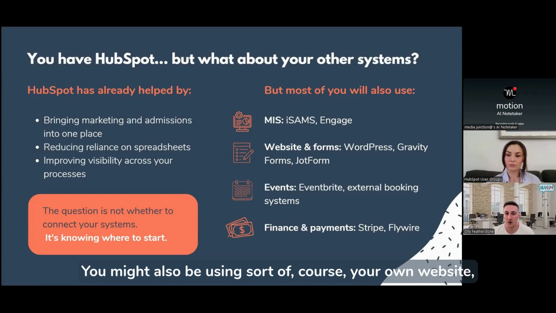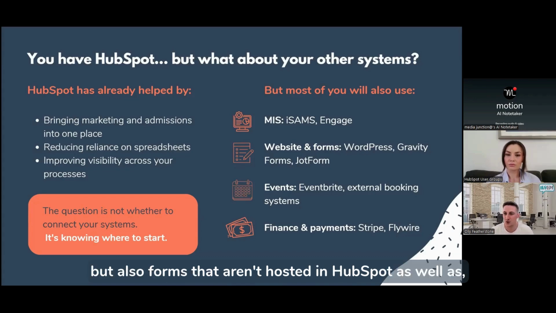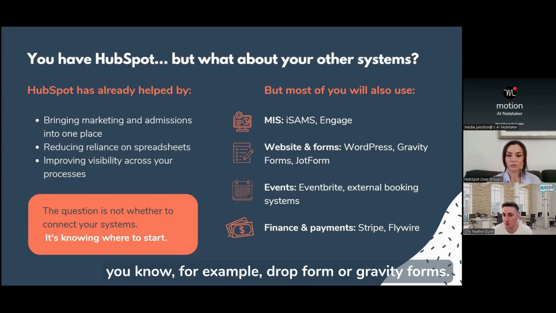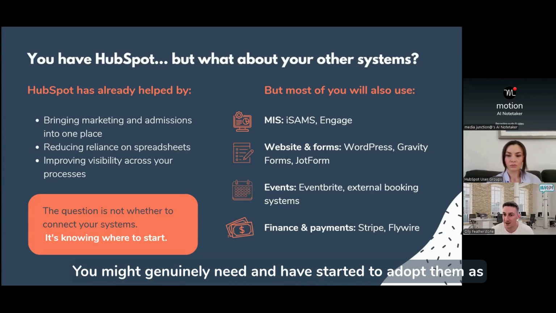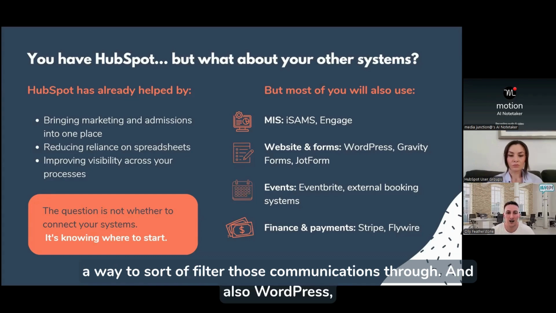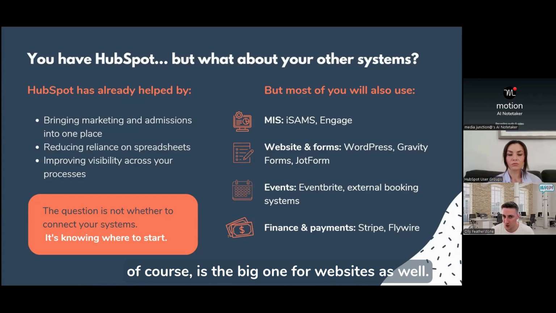You might also be using your own website not hosted in HubSpot, and forms that aren't hosted in HubSpot, as, for example, Dropform or Gravity Forms do have some features that HubSpot forms don't, that you might genuinely need and have started to adopt as a way to filter those communications through. And also WordPress, of course, is the big one for websites.